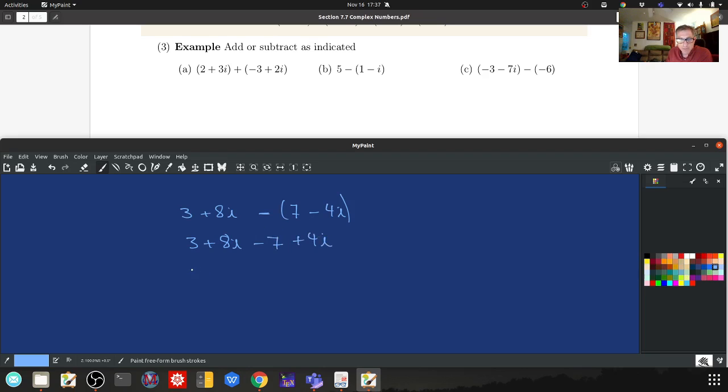Now let's put together the real parts, which are 3 and minus 7, and put together the complex parts. So 3 minus 7 is minus 4, and 8 plus 4 is 12. And that would be your answer.